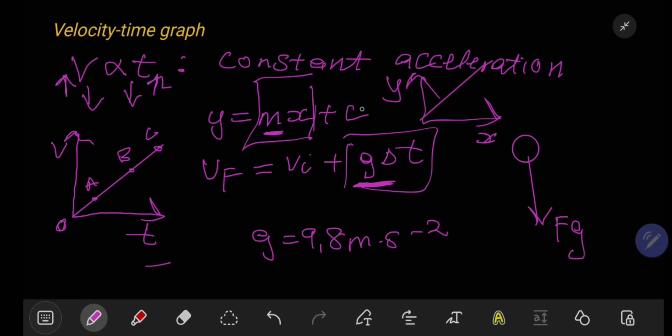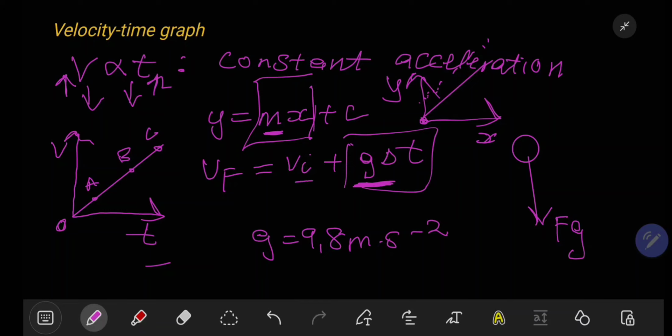If the value of c is 0, then the graph will start from the origin. But if c is positive 2, then the graph will start at point 2 moving upward. So this can be called the vertical shifting or the y-intercept.